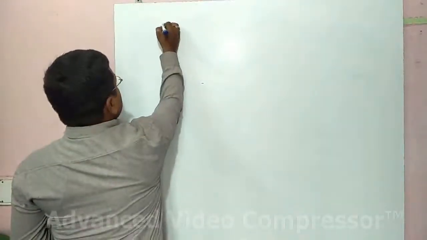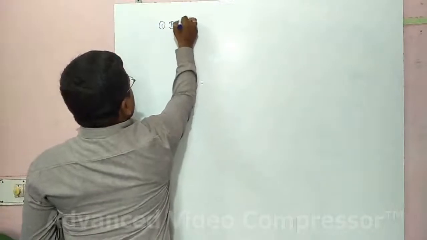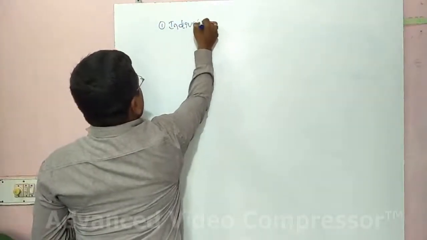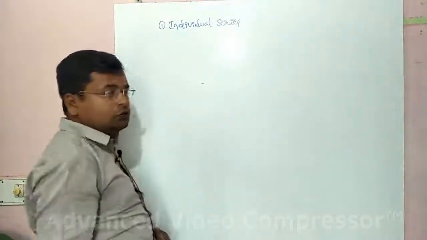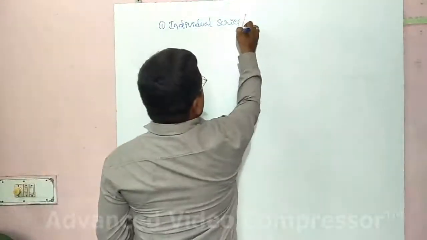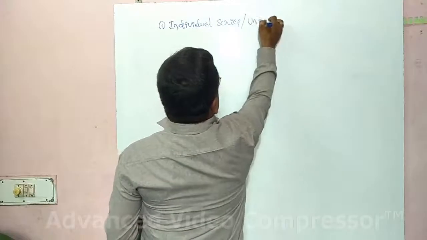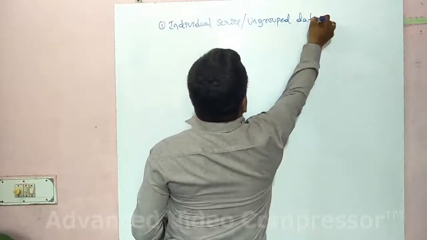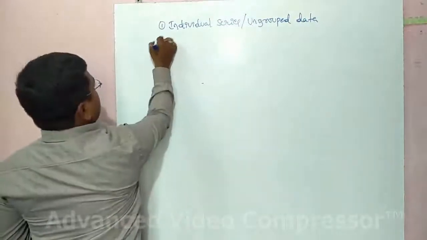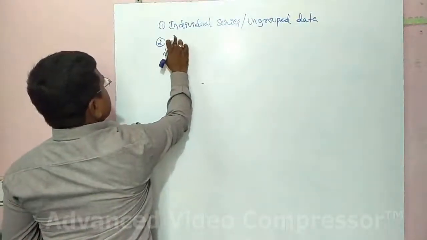So here the first one is individual series, or we can call it ungrouped data also. The second one is discrete series.